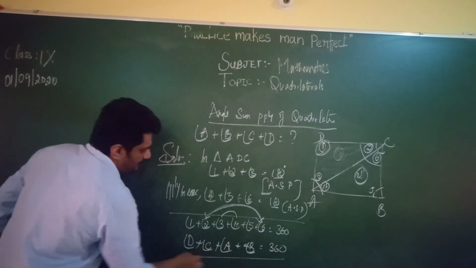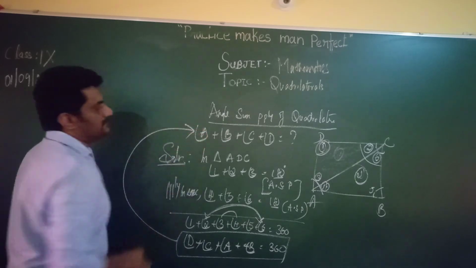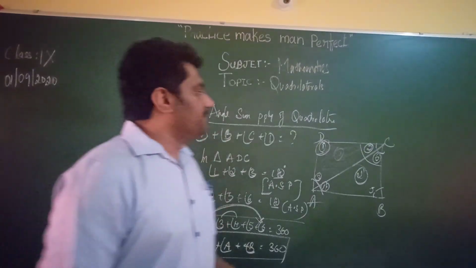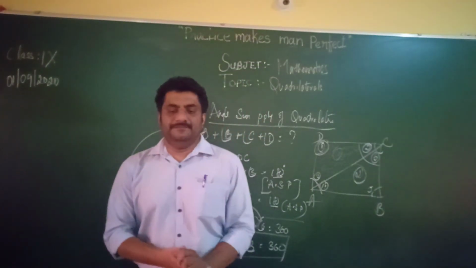Same thing, right? This one and this one. So sum of the angles of a quadrilateral is equal to 360 degree.